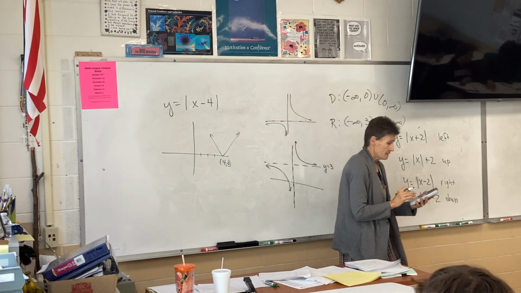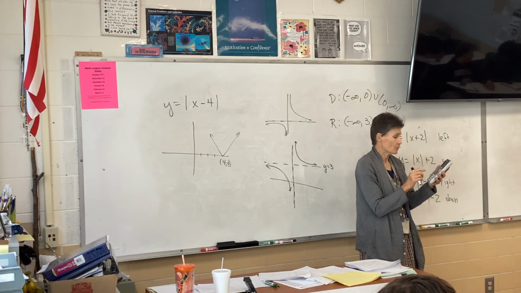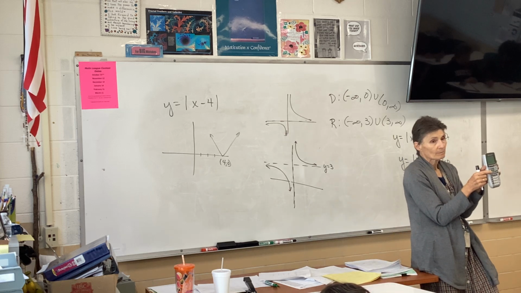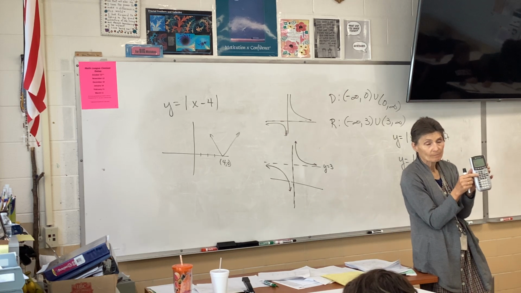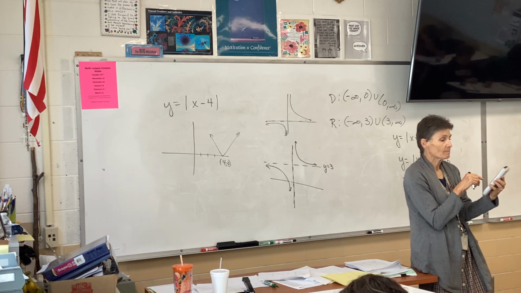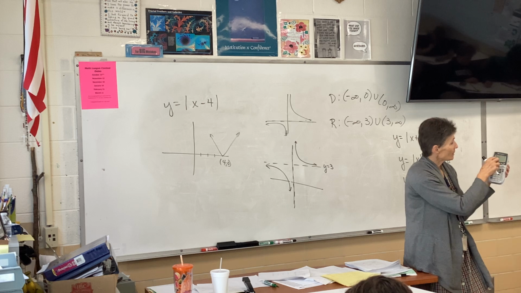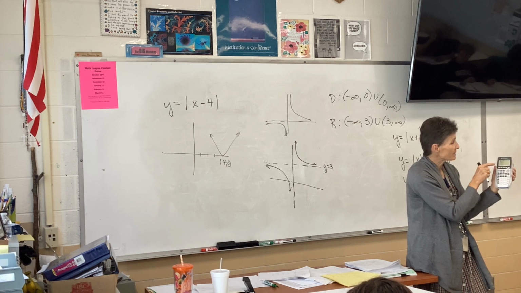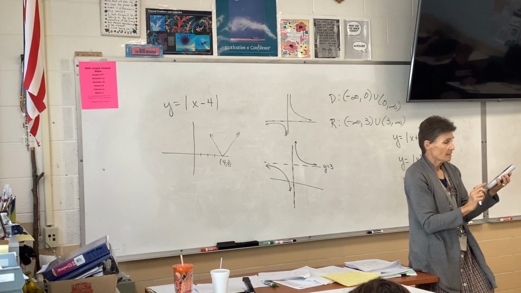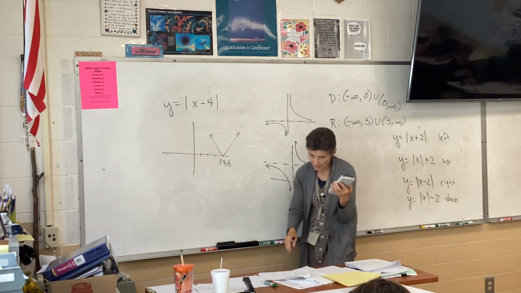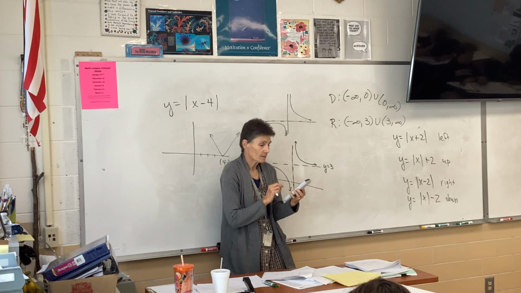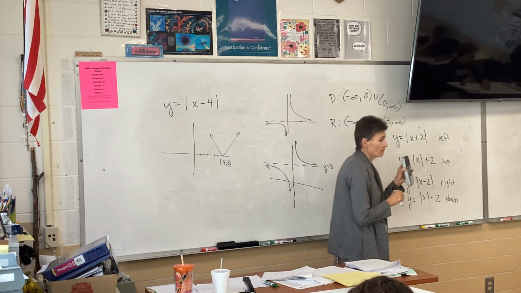To get absolute value, go to your math button, and then go over to number. In the top menu, the very first thing is abs. Press it and put inside whatever we need, x minus 4, and hit graph. And sure enough, did you get your V?